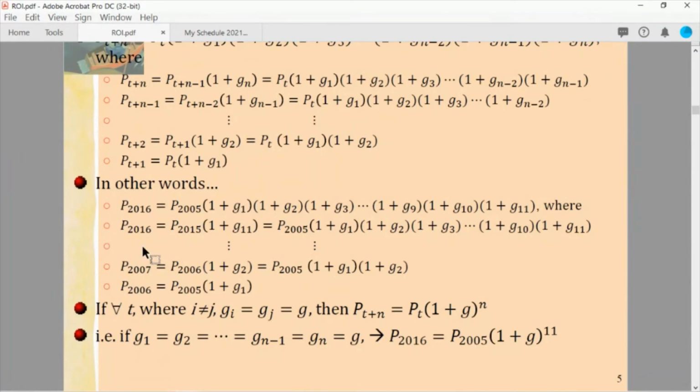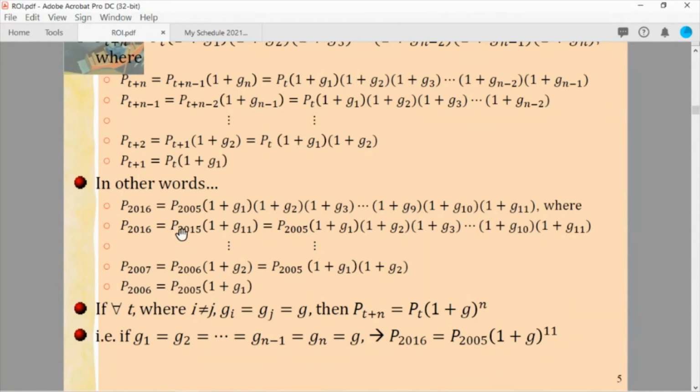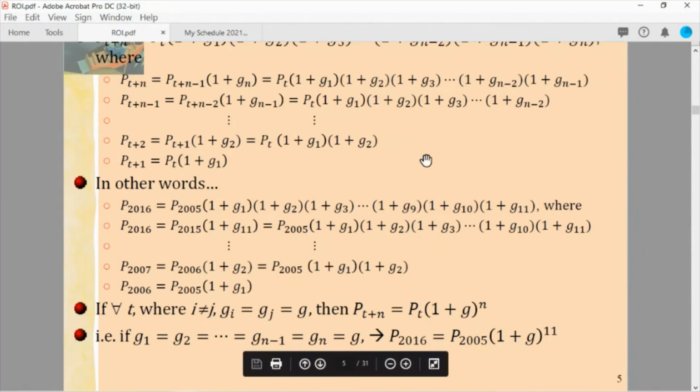Where 2016 is the growth from the 2015 price. It's 2015 times 1 plus G11, which all traces back to 2005.